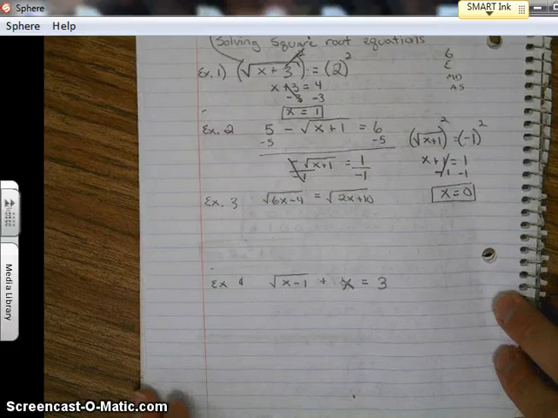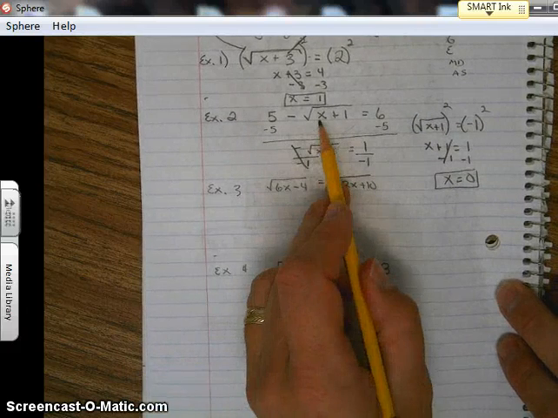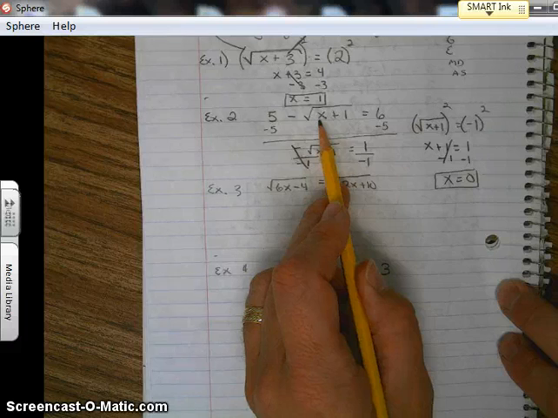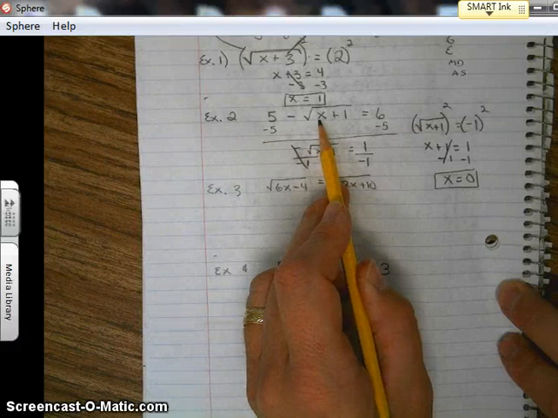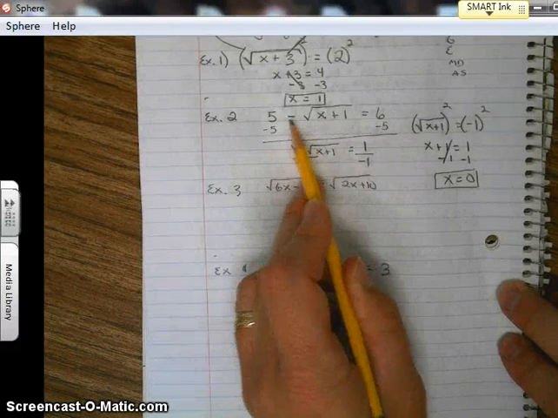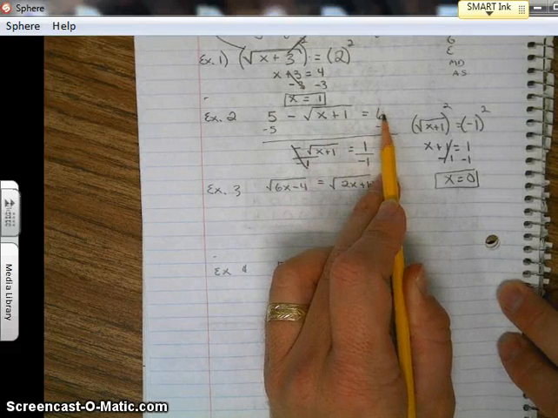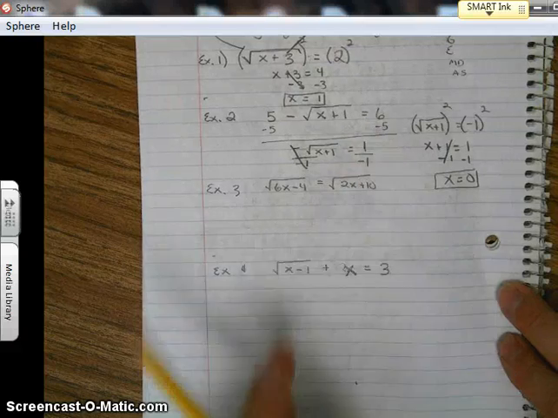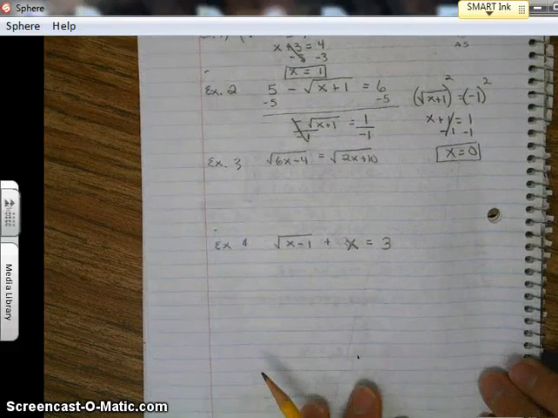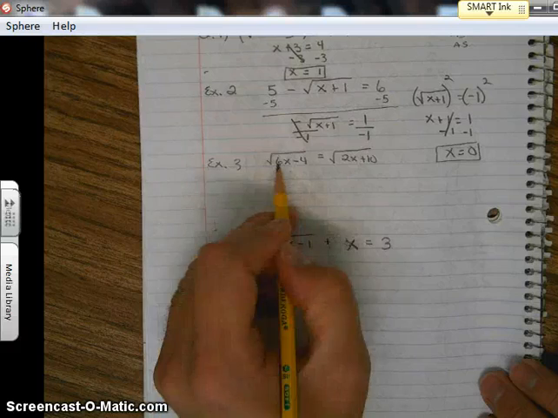The other solution, if we had used the positive 1, we get 5 minus 1 is 4. That would be known as an extraneous solution. It does not work. Number 3. Notice we have two radicals.